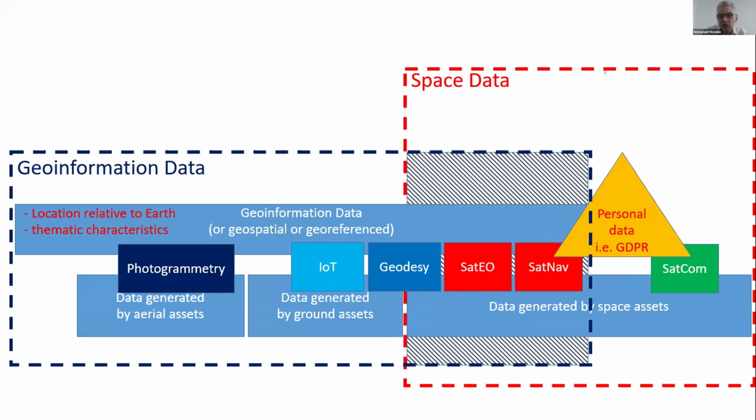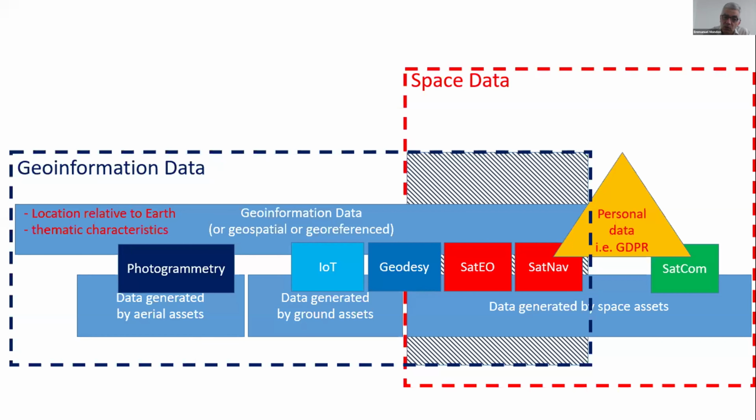Yeah, so location data is any georeference data provided by a number of assets. Those assets could be in space, and that's the space data on the right side of this slide.